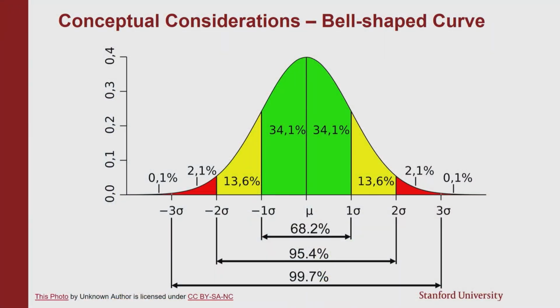The bell-shaped curve has the green area where most people are, and that's considered average. And then the yellow part on the right-hand side would be people that are 1 standard deviation above. And the people that are on the left-hand side, but yellow, they are 1 standard deviation below the average. And people that are on the red, that means they are in the far extreme. They are really, really well above average or well below average.